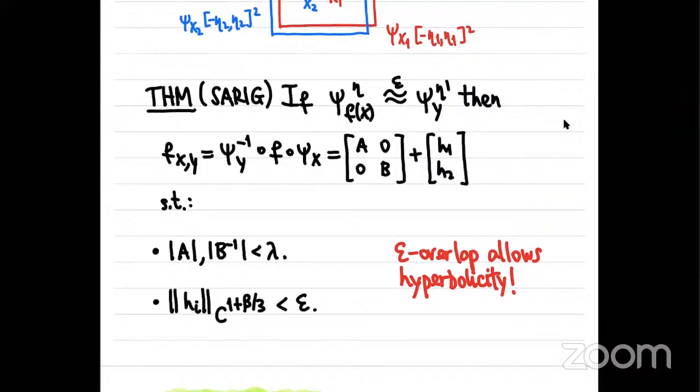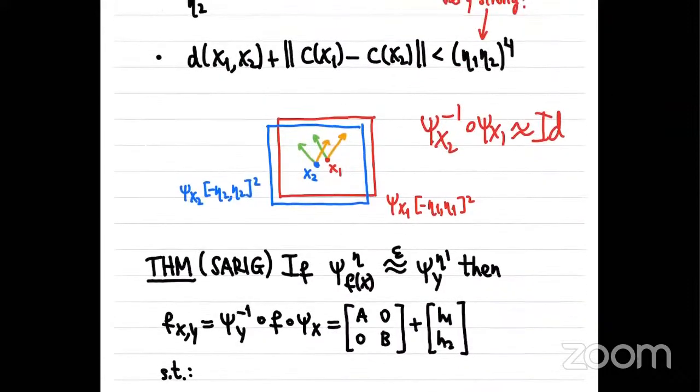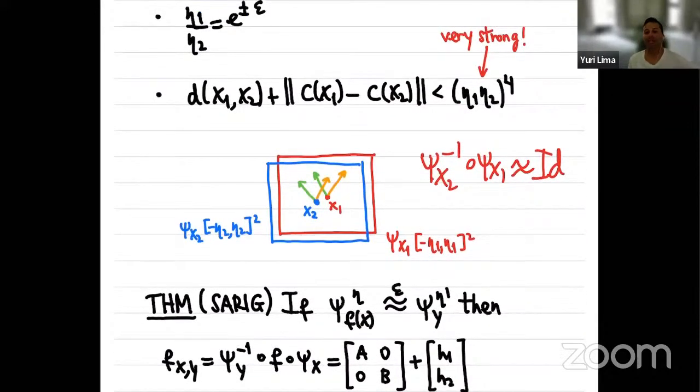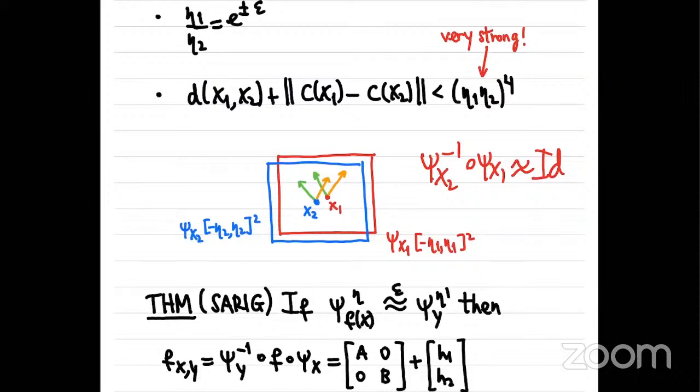Yuri. Yes. On the overlap condition, the exponent 4 is optimal, or? No, it's not optimal. It's, I believe, a 3 or a 2 is sufficient. But then while you prove, you pass from this estimate to some other, and you have to lose something.